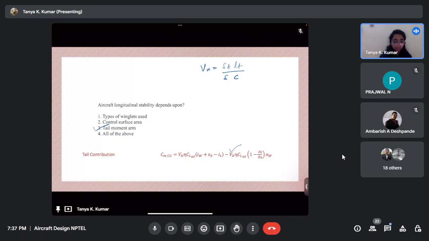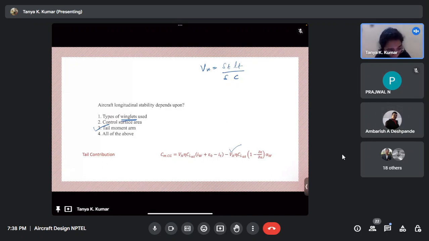What are winglets? Vortices. Correct? Yes. So what were vortices? When the upward and the downward flow meet at the wingtip, it produces vortices. So winglets reduce the... I'm not sure if I can draw this.